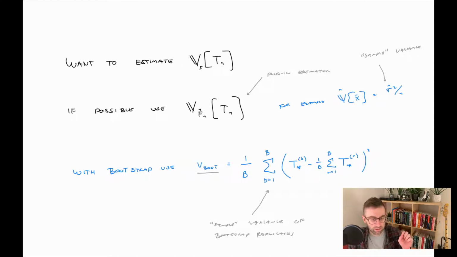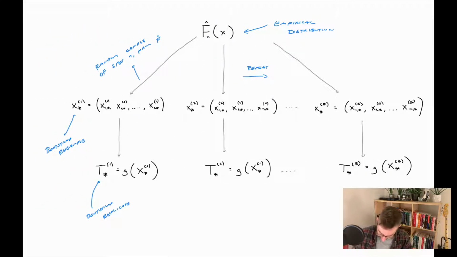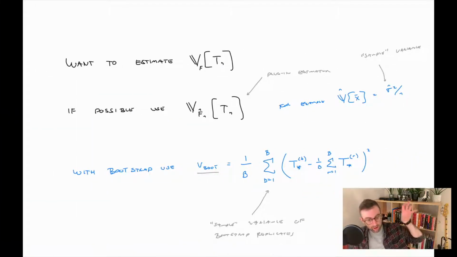The notation there is quite annoying, but essentially, if you have all these t values of the statistic, just take the sample variance of those things. That's what it is. So that would be the Bootstrap estimator of the variance of the statistic. That's a mouthful. I'm going to say it again. So this procedure that we have in this last line here is how to estimate the variance of the statistic using the Bootstrap. Okay, cool.